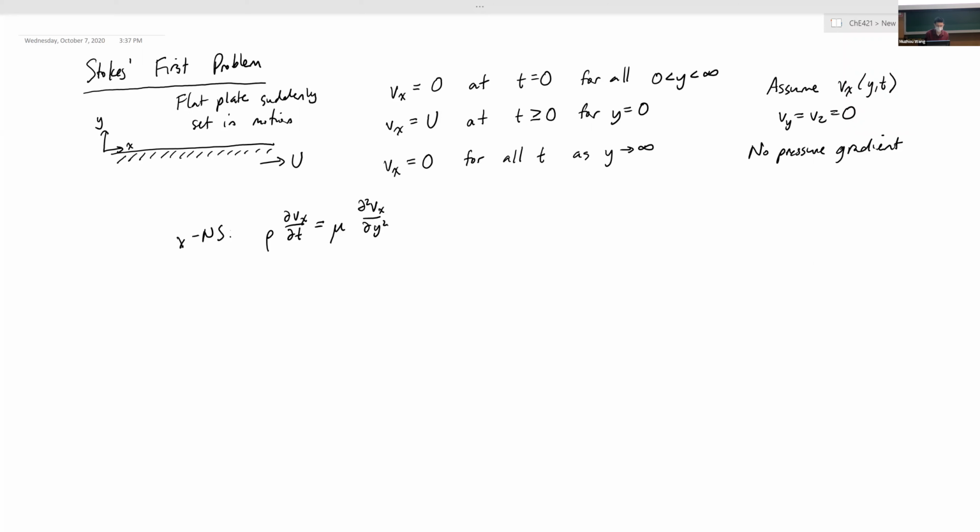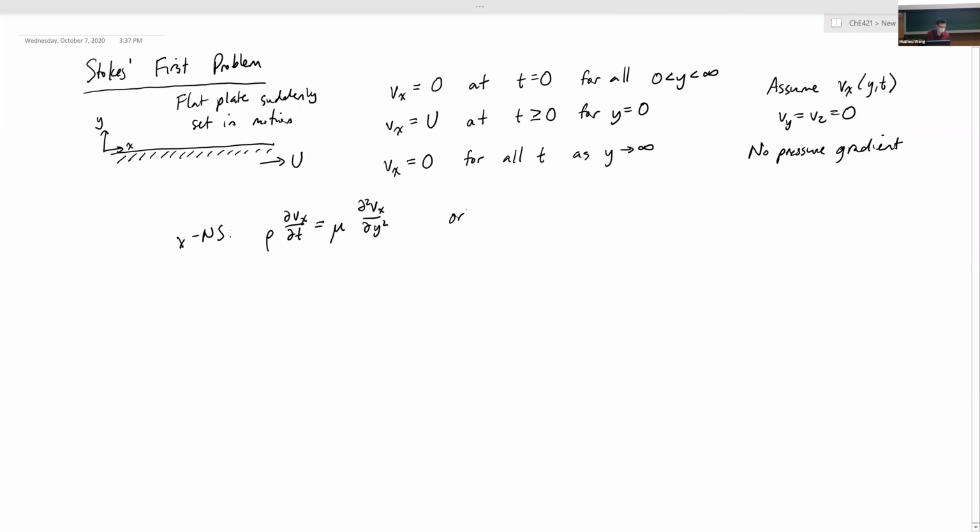Okay, but the Navier-Stokes equation now, using these various assumptions, gets reduced down to something like this, right? It's unsteady, and so we need to keep this time derivative. But the fact that it's unidirectional, there's no y or z component, and that Vx is not a function of anything besides y and t allows us to eliminate most of the other things except for this particular term.